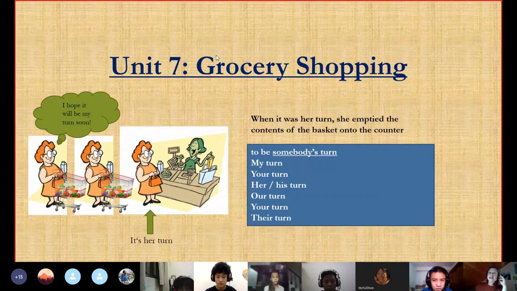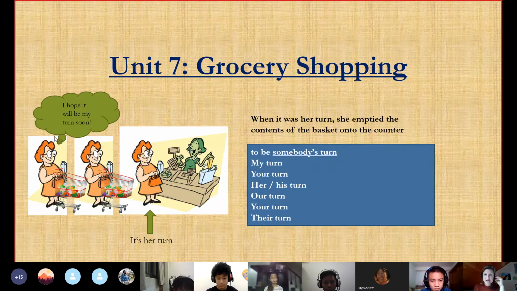Very good, yes. So when it was Jenny's turn, so first let's say Jenny was here, then she moved forward, then it was her turn, and then she empties her contents onto the counter, so onto here.